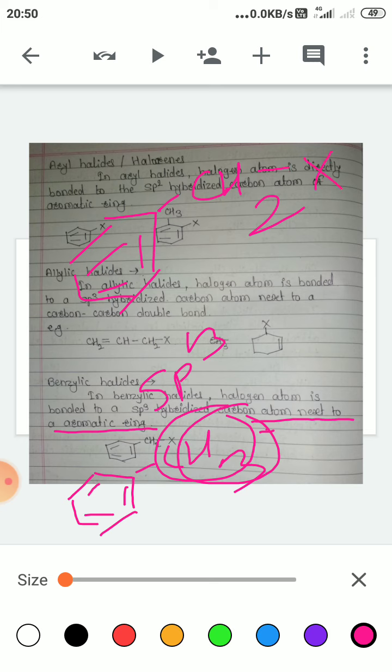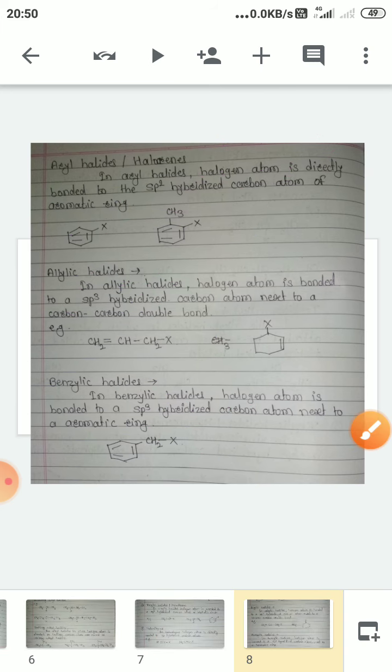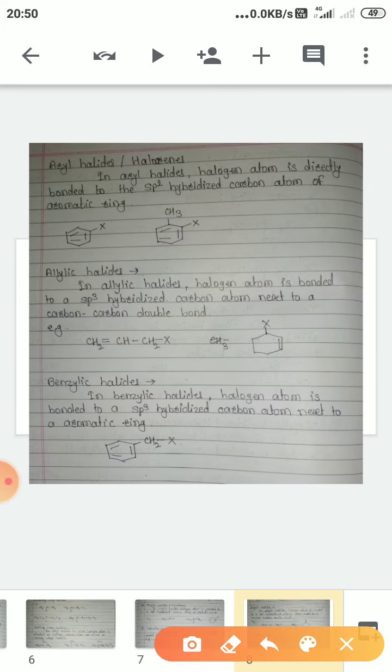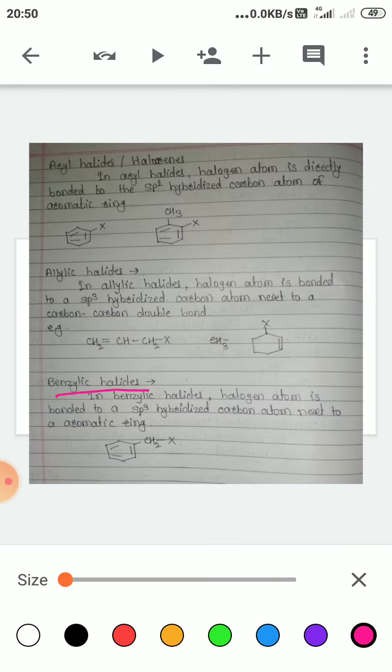That means the halogen atom is attached to an sp3 hybridized carbon atom next to the aromatic ring, and such halides are called benzylic halides.